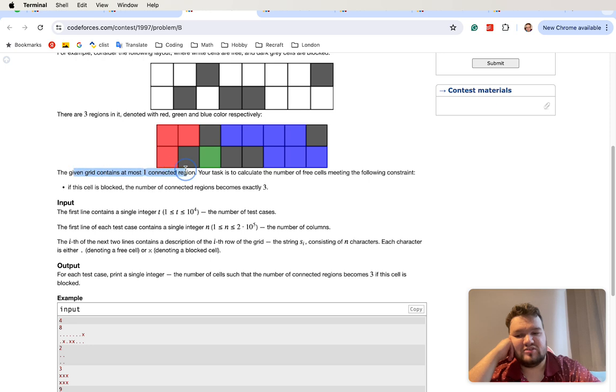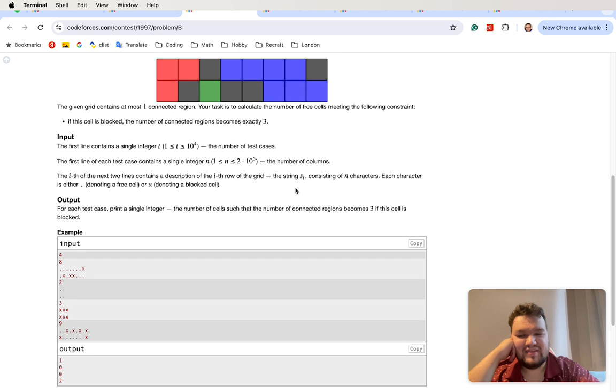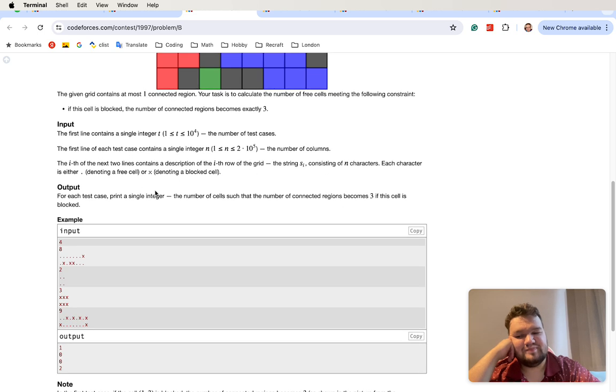So if there are no connected regions, it means that everything is blocked and the answer is 0. Oh, there is even a sample like that. Okay.